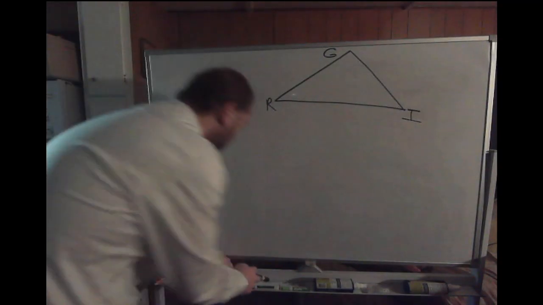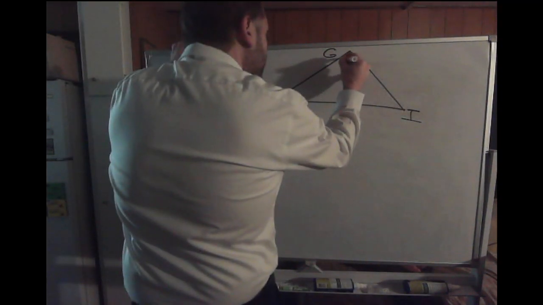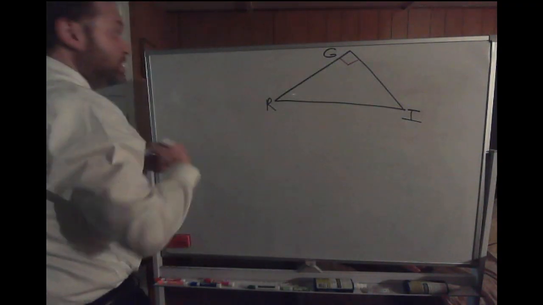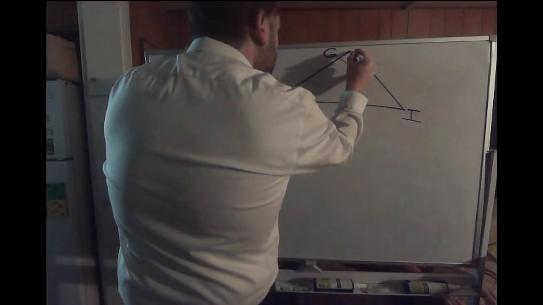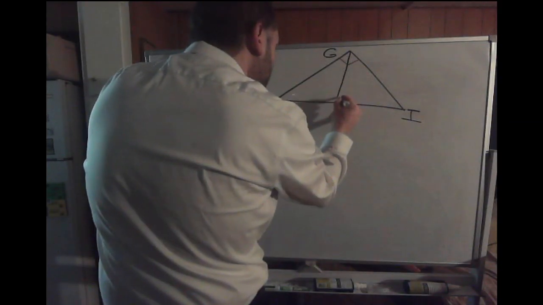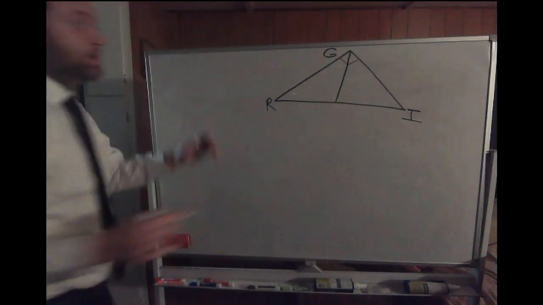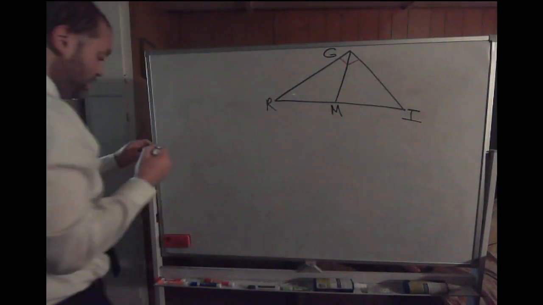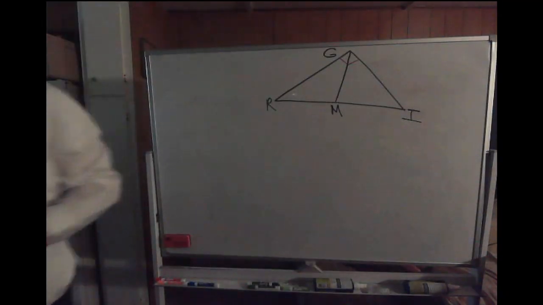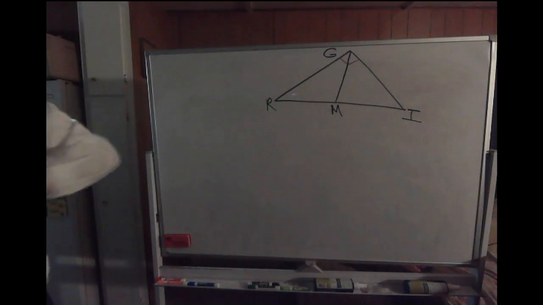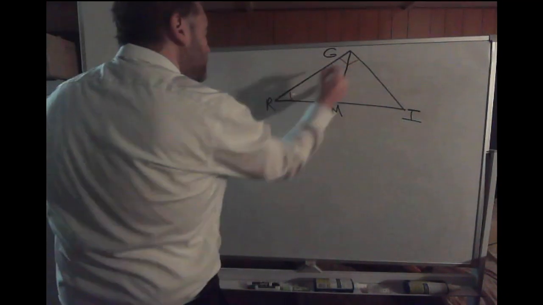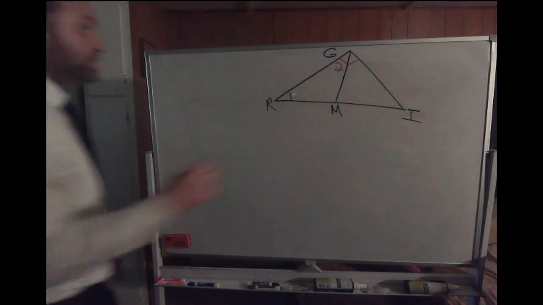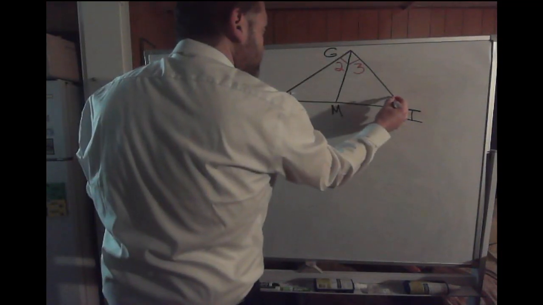Well, first it would probably help if I identified the right angle of this triangle. It's right there. So let's draw this median from the right angle. And at that point, the midpoint is M. Now let me just label the angles. We just have 3 exercises for this, then we're done. So let's see. 1, 2, then this is 3, and this is 4. Okay.